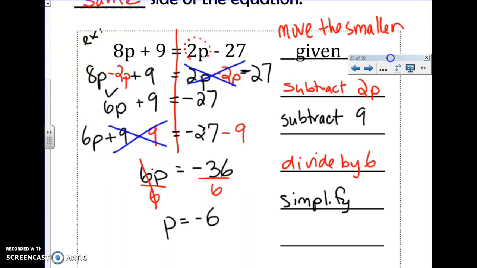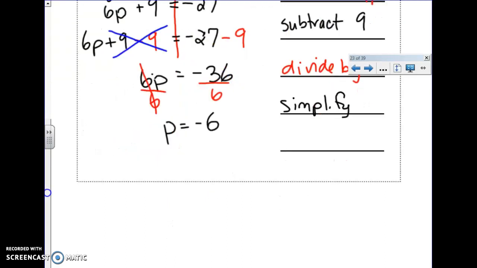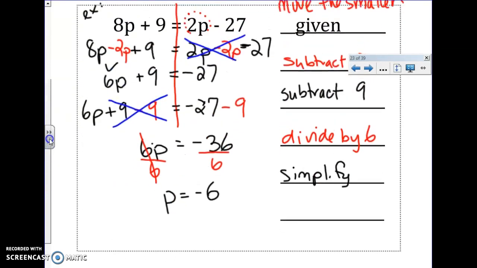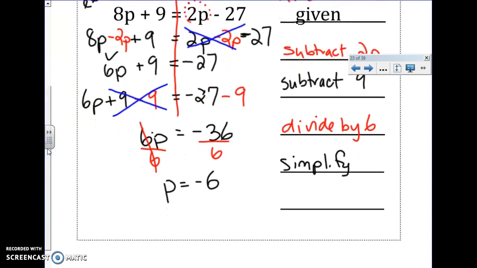Right, and then you should, of course, go back and do my favorite part, which is the checking. So you're going to throw both sides in the calculator if you want. Does 8 times negative 6 plus 9 give me 2 times negative 6 minus 27?